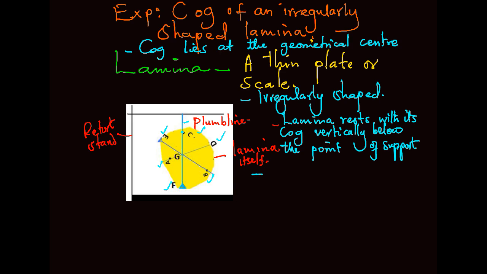Like in this case we have line AD, we have line BE, we also have line C, where the plumb line moves. When lines are drawn through such points, they intersect at a point G.